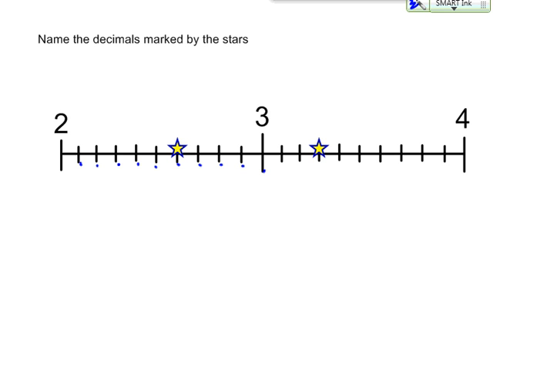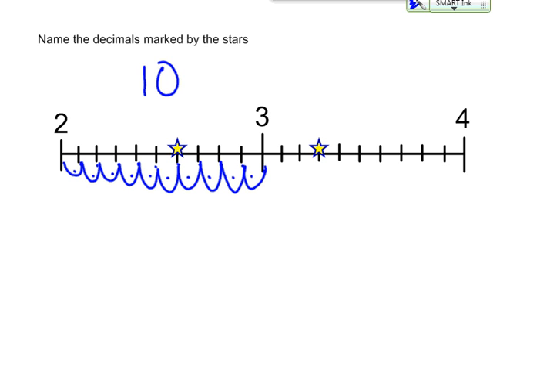To go from 2 to 3, there are 10 spaces there. Counting the lines, 1, 2, 3, 4, 5, 6, 7, 8, 9, 10. 10 spaces.